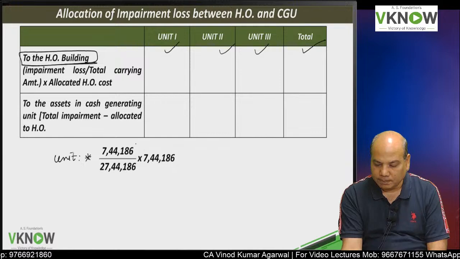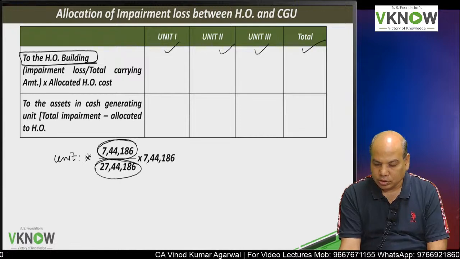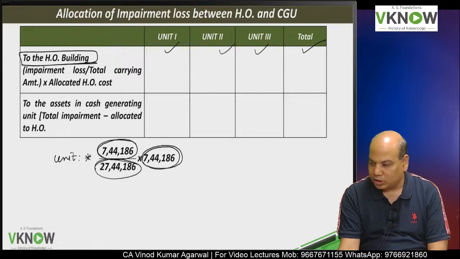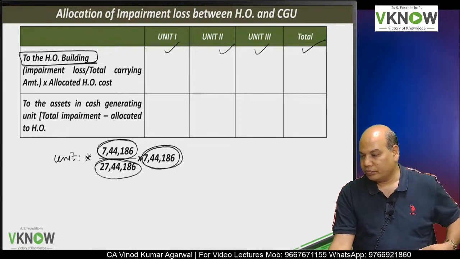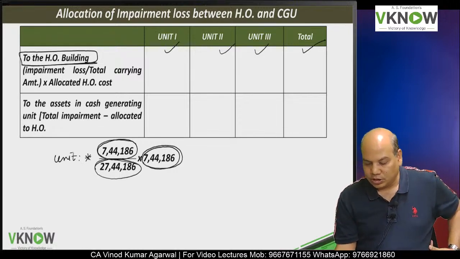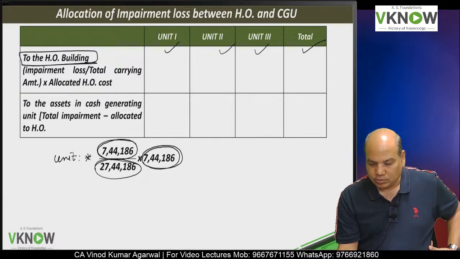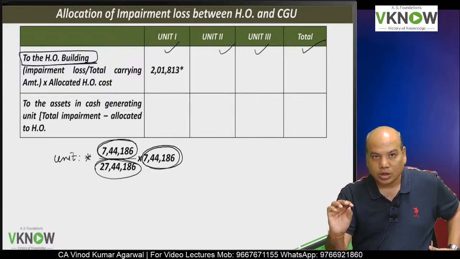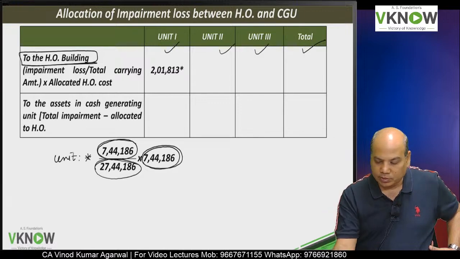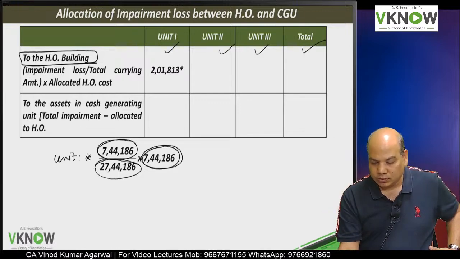Your impairment loss is 7,44,186. Divide by total, multiplied by the HO building carrying amount. So the amount allocated to the HO building will be 2,01,813.